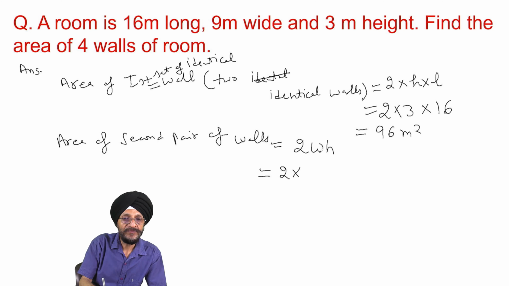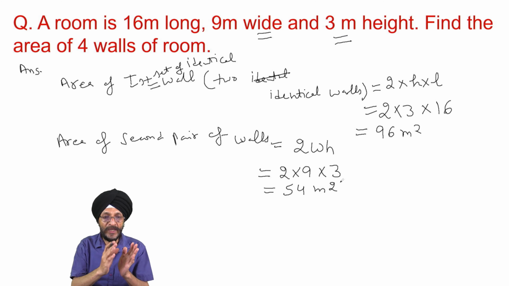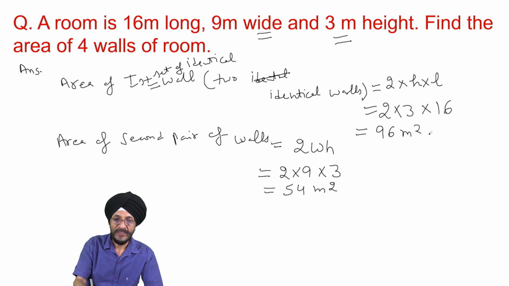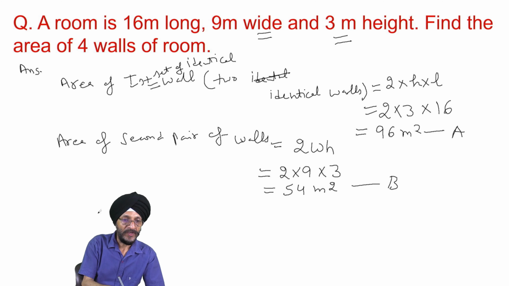What is the width? Width given is 9. What is the height? This is 3. Now we have calculated the area of the first set of walls and then also the second pair of walls. This is A and this is B.